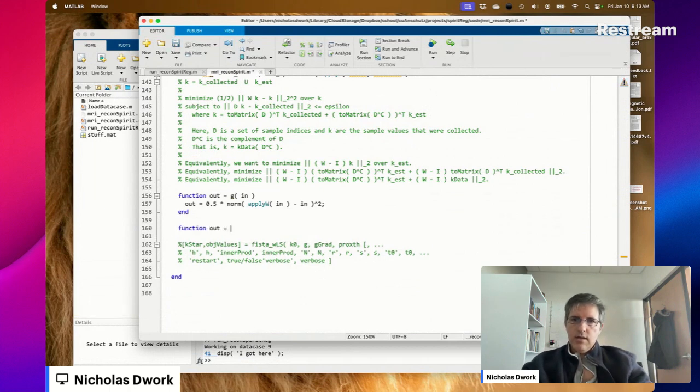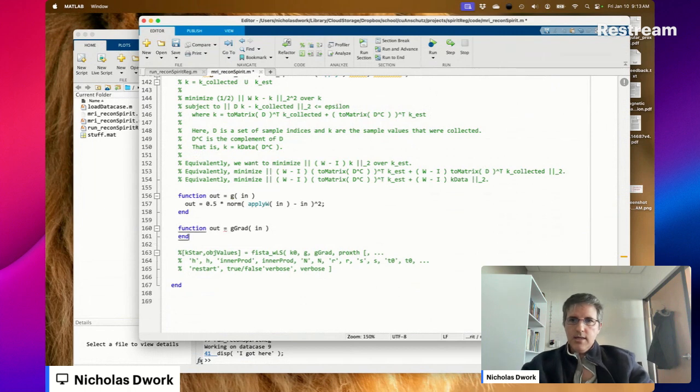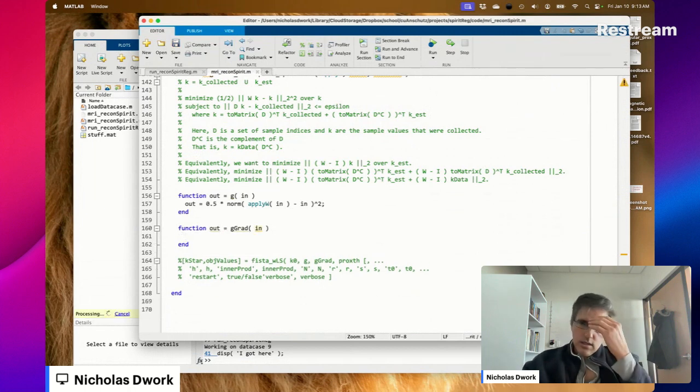G grad in. So what is the gradient of W minus I?